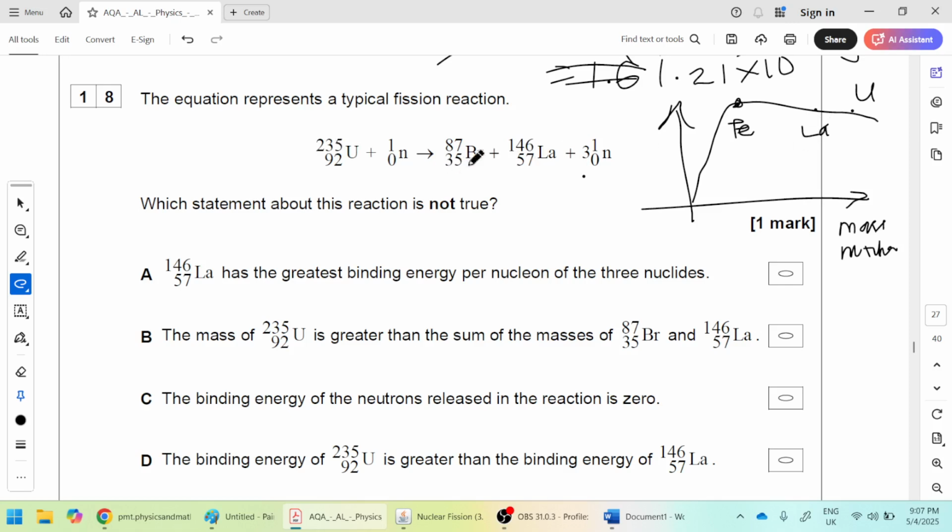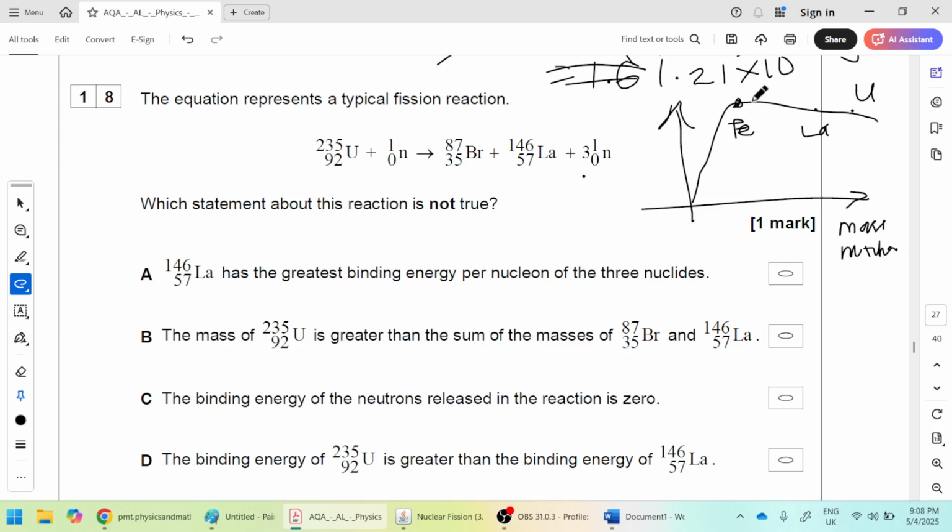I don't know where Br is going to be. I can't remember whether Br is before iron or after iron. Don't have a periodic table to confirm either. 146 La has the greatest binding energy per nucleon of the three nuclides. I don't think so, because this bromine, chlorine, bromine.